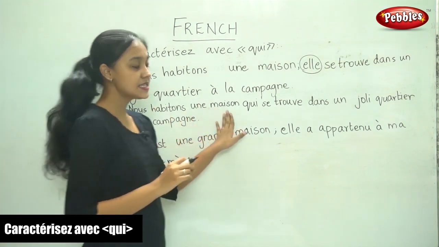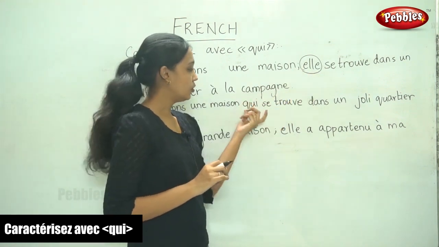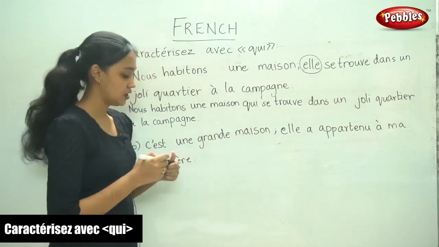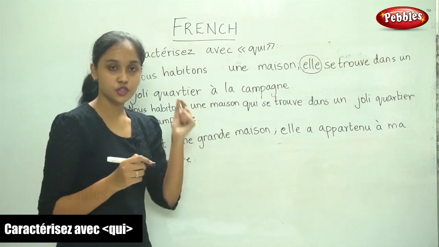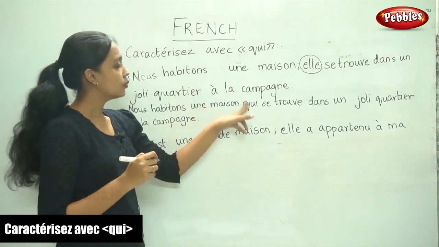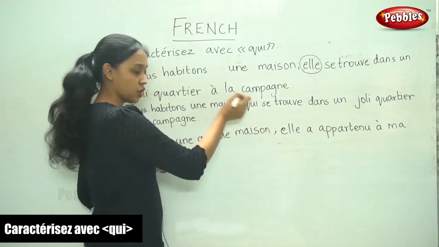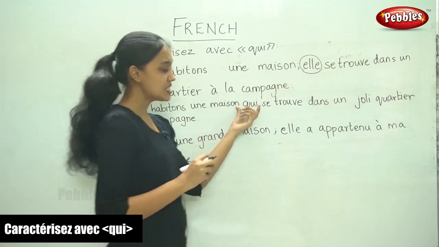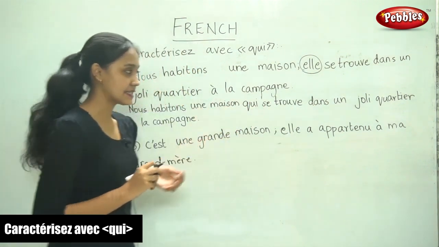So in this sentence we replaced elle with qui, the relative pronoun qui. So now these two sentences are joined and we characterized the noun here. It is maison. So to describe the noun we used qui to join these two sentences.